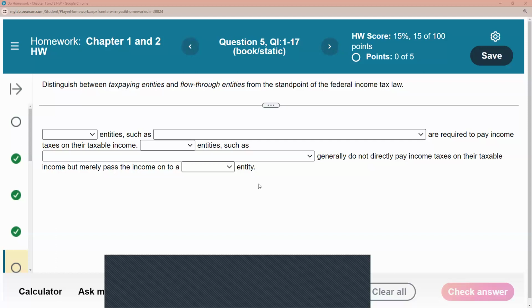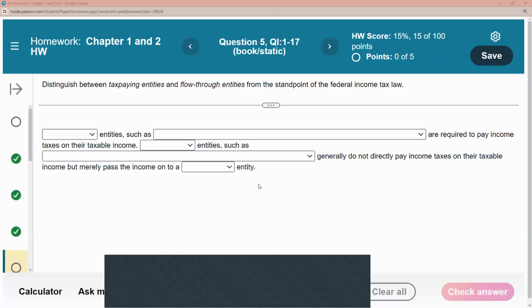Then some examples of flow-through, AKA pass-through entities, are sole proprietorships. They file Schedule C. Partnerships file Form 1065. S corporations file Form 1120S, as in Sam. We have LLCs.